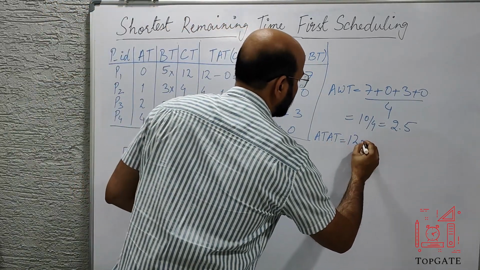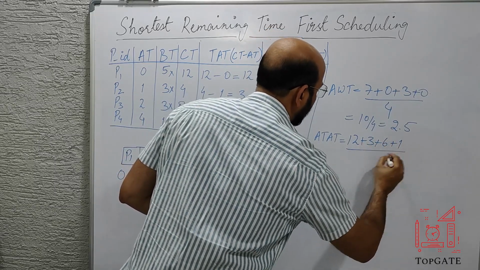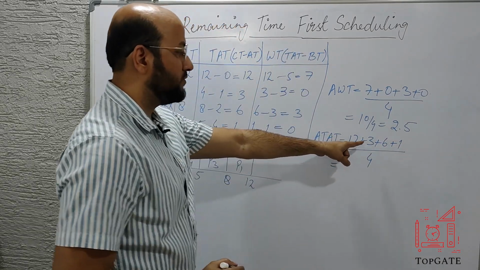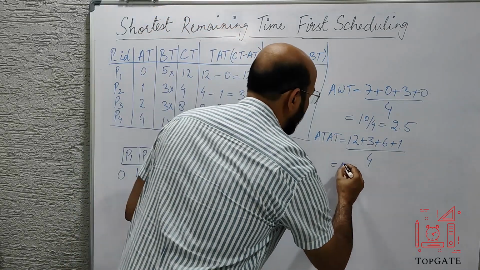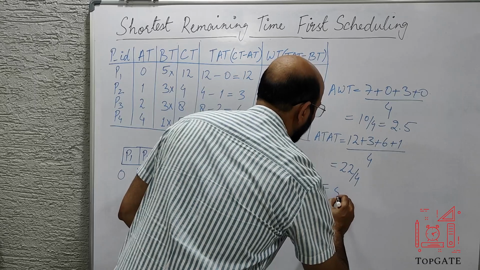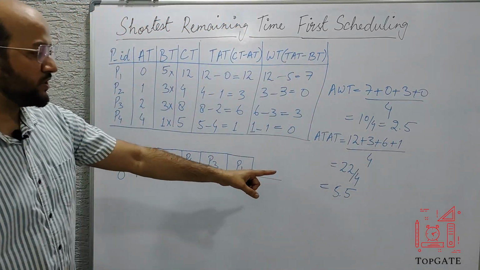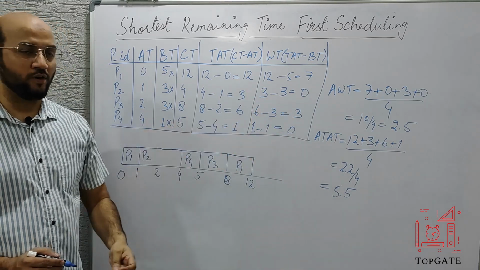So 12 plus 3 plus 6 plus 1 divided by 4 processes. 12 plus 3 is 15, 15 plus 6 is 21, 21 plus 1 is 22, so 22 divided by 4 gives 5.5. So the average turnaround time is 5.5, and the average waiting time is 2.5.